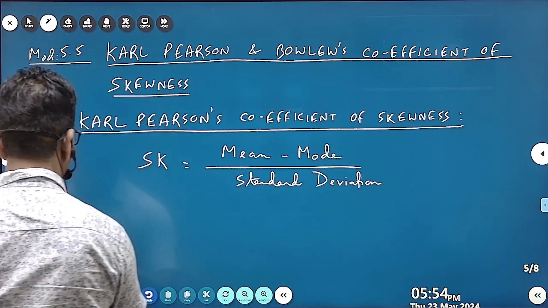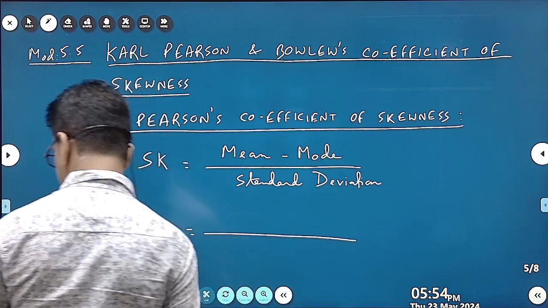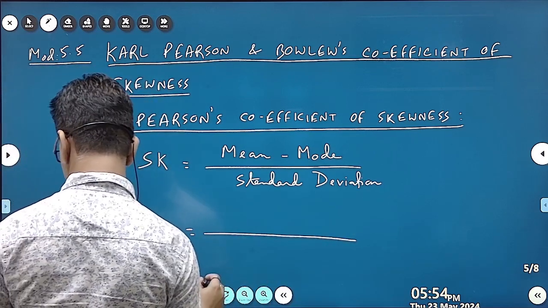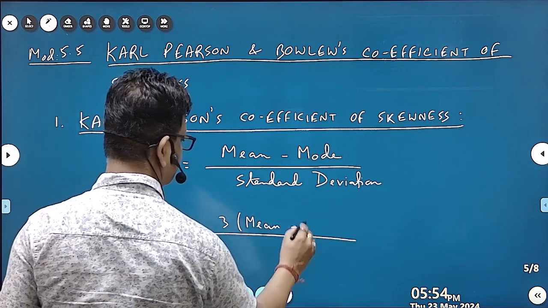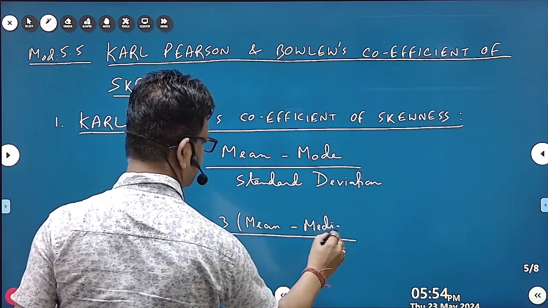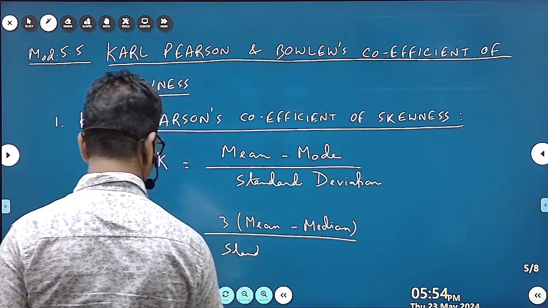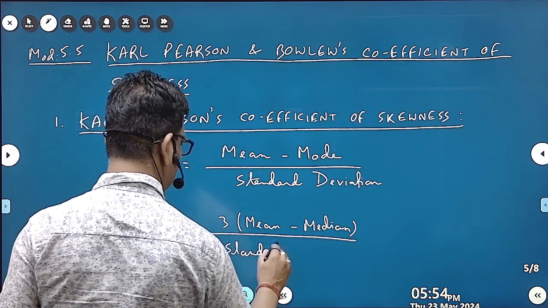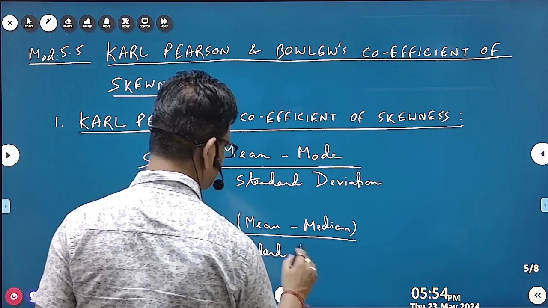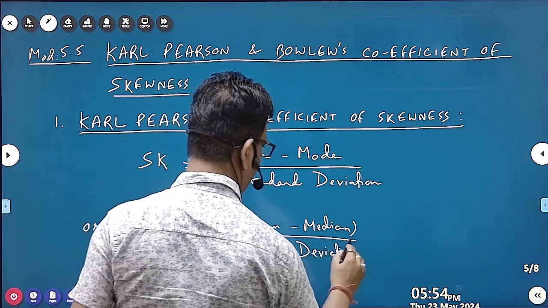Or sometimes we go by this formula as well: Sk equal to 3 into mean minus median, divided by standard deviation.